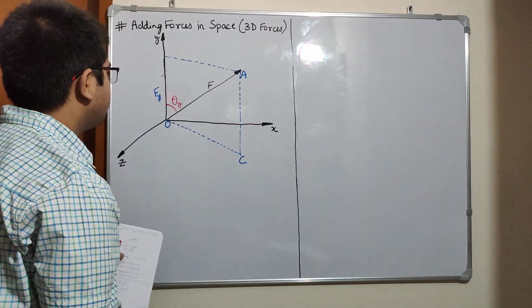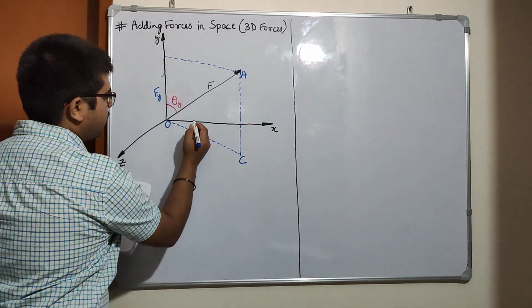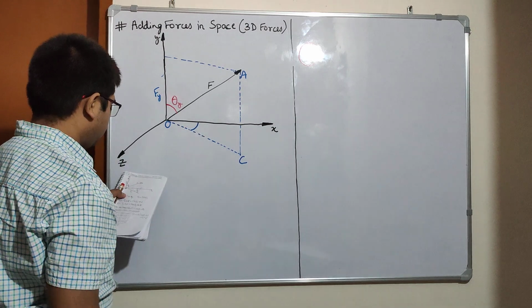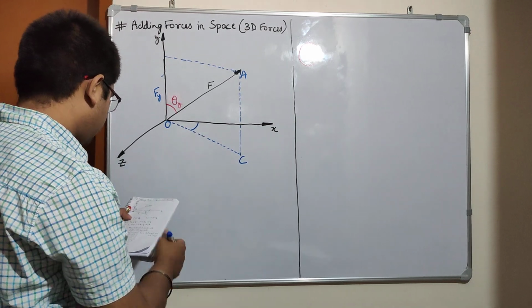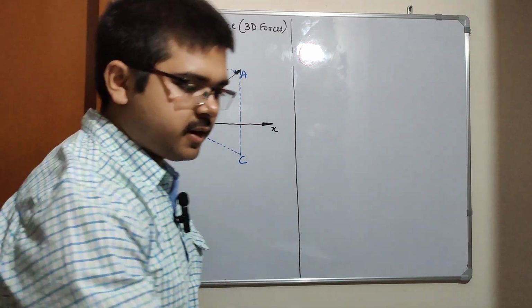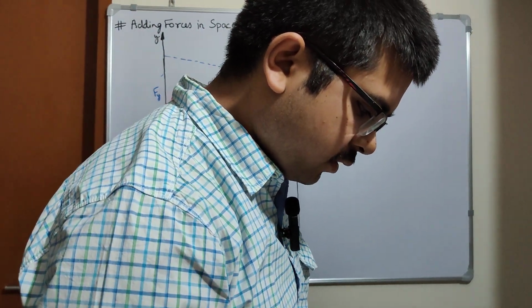So this line OC makes an angle of phi. I'll just check it here in the book. This is section 2.4.